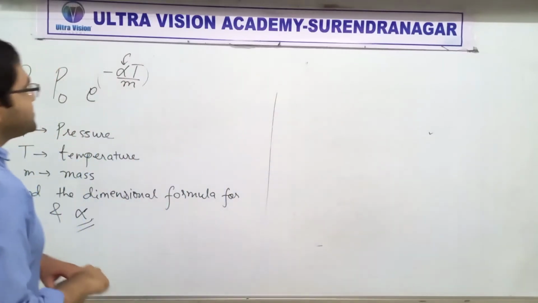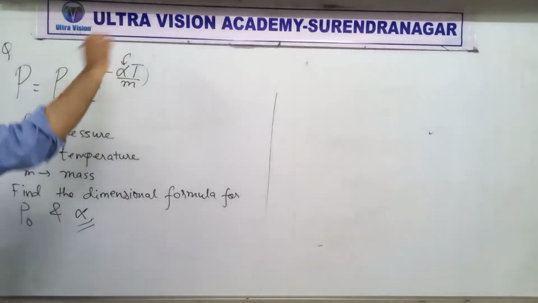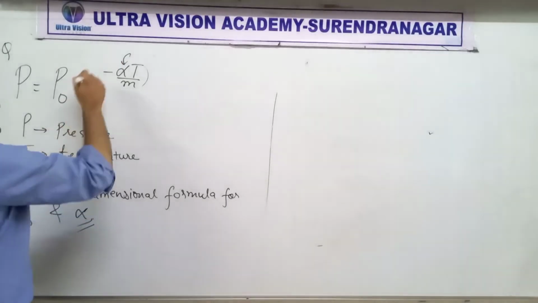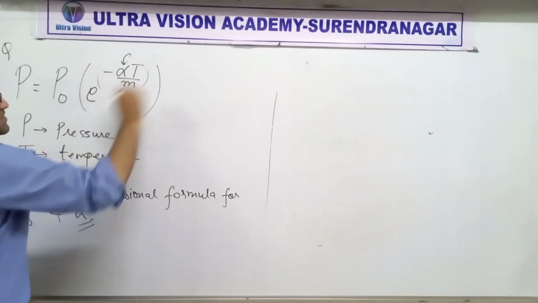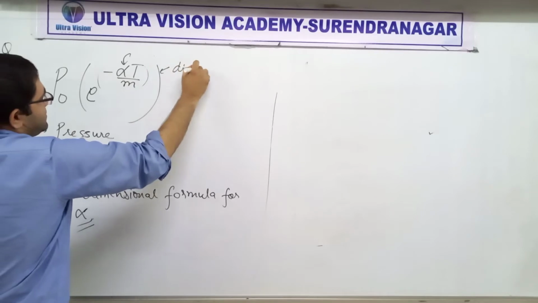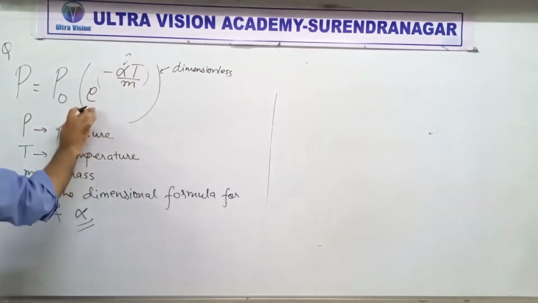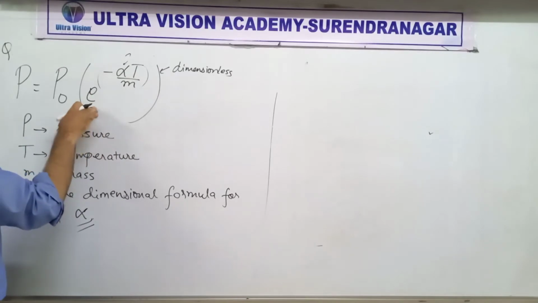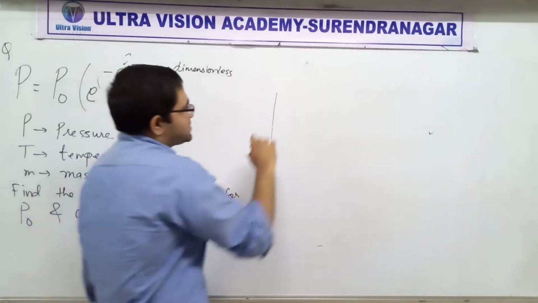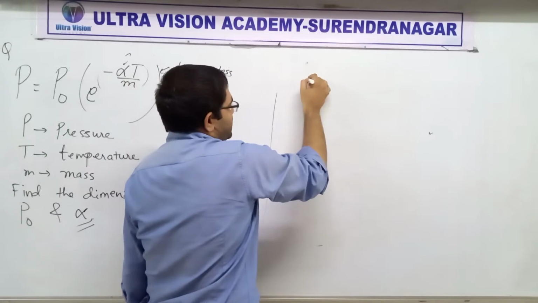Now, once again, using rule number 1, we can say that this whole thing is dimensionless, because this E is actually a number. A number raised to a number will be dimensionless.